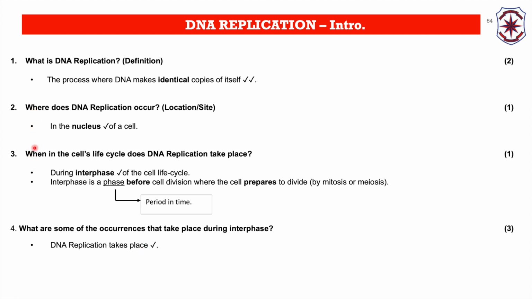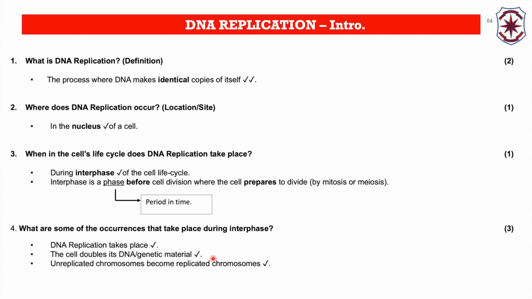Look at question number 3. Question number 3 is asking when in the cell's life cycle does DNA replication take place? And we said it takes place during interphase. So during interphase, DNA replication takes place. The cell doubles its DNA or its genetic material.